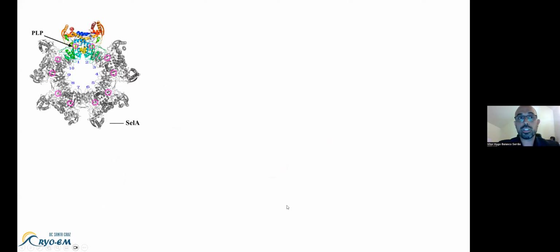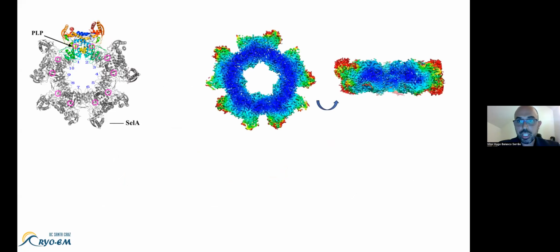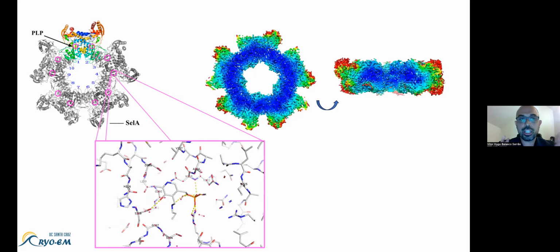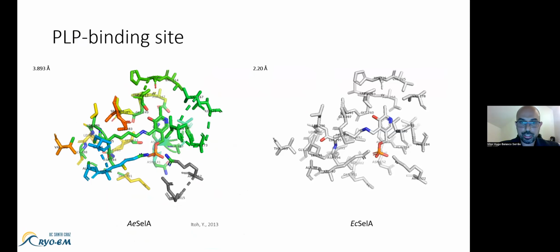So once we look at the active site with the PLP, as I mentioned before, we have pretty close to 2 angstroms reconstruction, and then we can measure all the atoms' distances and recognize where the side chains are pointing towards. So comparing the crystal structure from Aquifex aeolicus and the E. coli SelA, and the 2 different resolutions, look at this plot, it's quite hard to tell any differences.